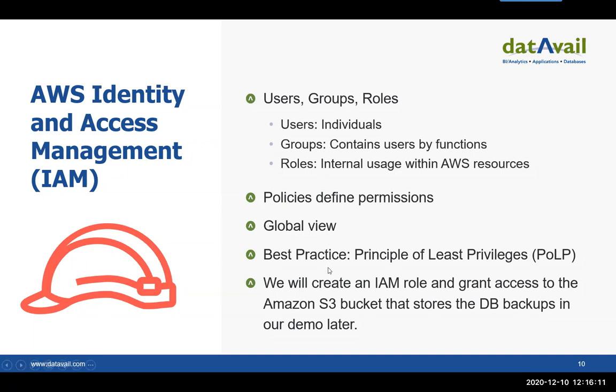Of course, as part of best practice, the same security best practice as on-premises also applies for IAM, which is the principle of least privilege, POLP. We will create an IAM role and grant access to the Amazon S3 bucket that stores the DB backup in our demo later. Remember, previously we talked about uploading the backup to S3, but in order to get access to it, we're going to need to create an IAM role and grant access to the bucket.